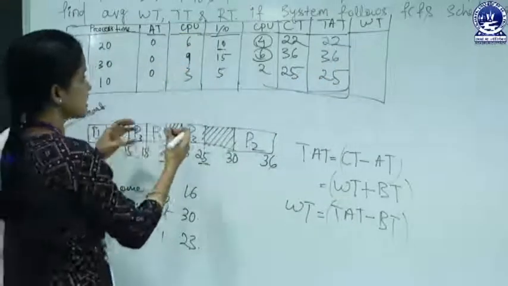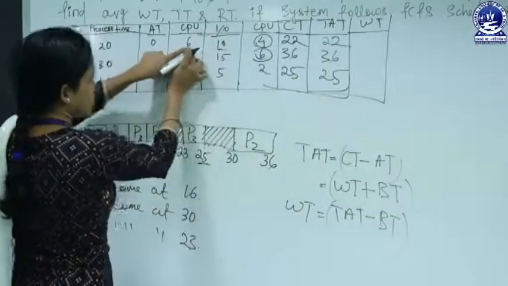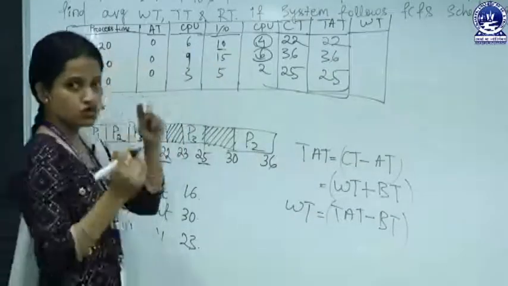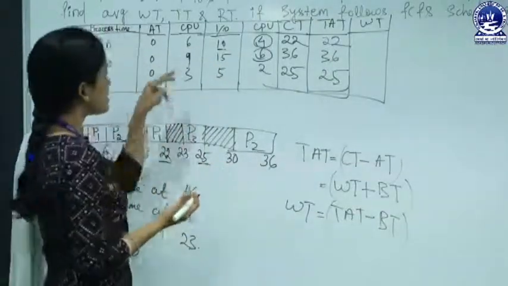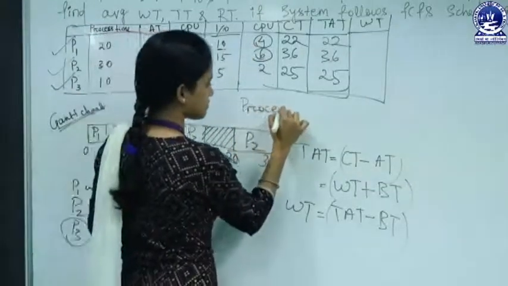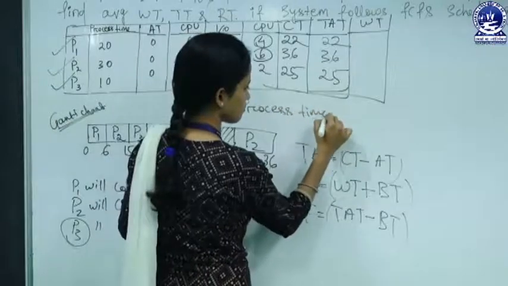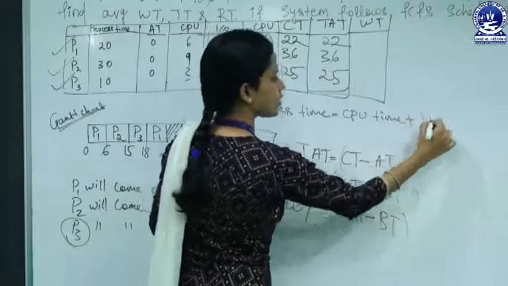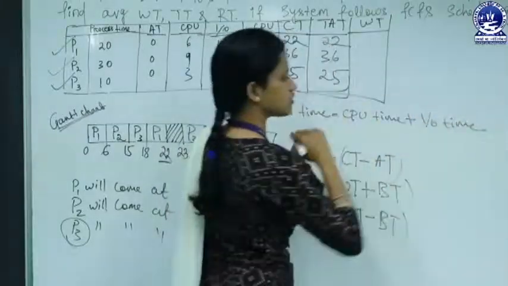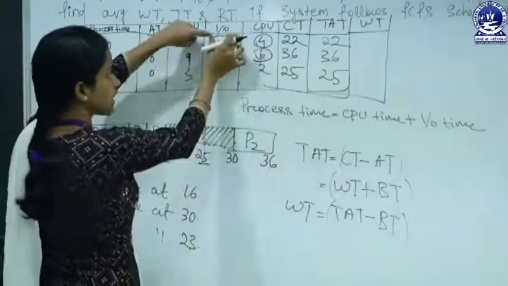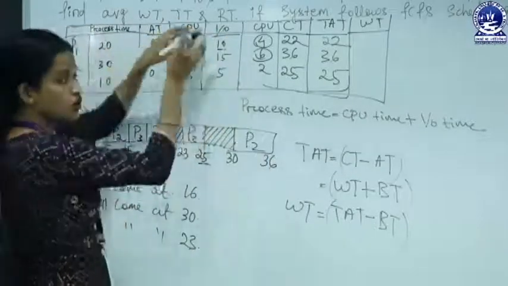So, what is the burst time? Burst time means this one. Process time, we also know that process time means CPU time plus IO time. We will not take this IO time because during this IO time, the process will go to the block state.